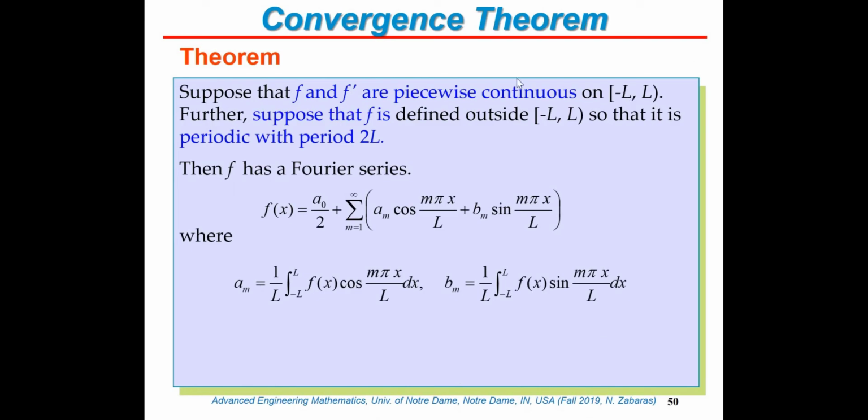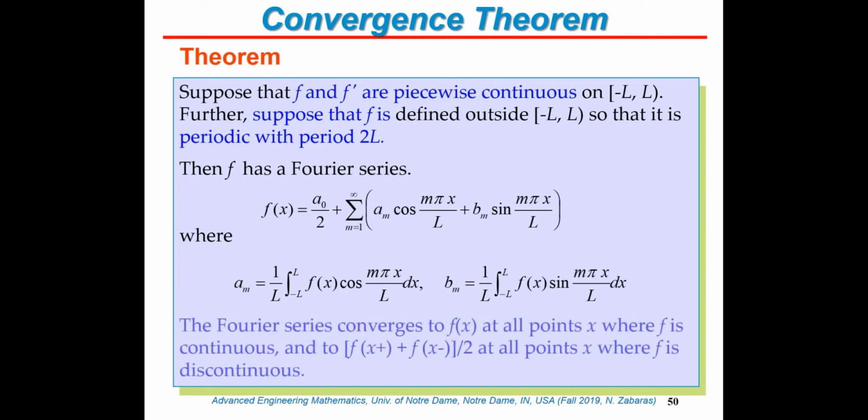And the theorem says that this expansion converges at all points where the function is continuous to f of x, and at the points where f is discontinuous, it converges to 1/2 of f of x plus plus f of x minus. So if you average the values of the function f from the left and the right, then the series will converge to that average.